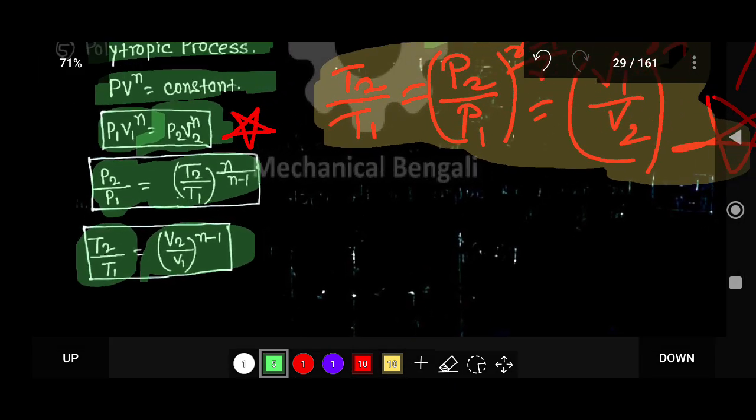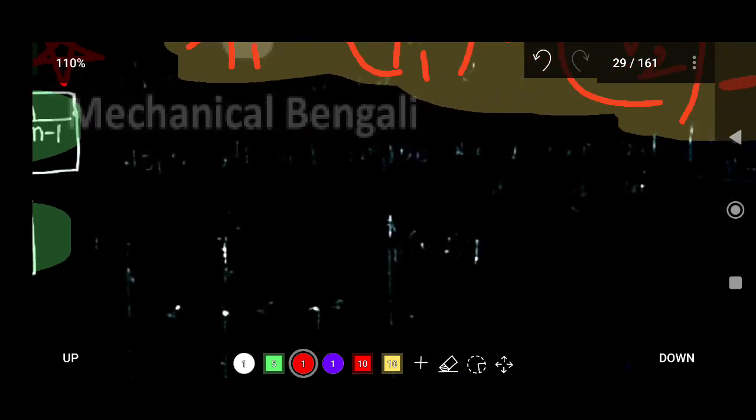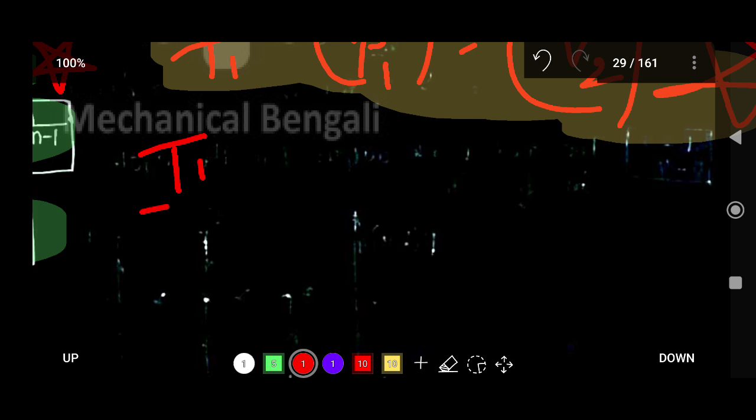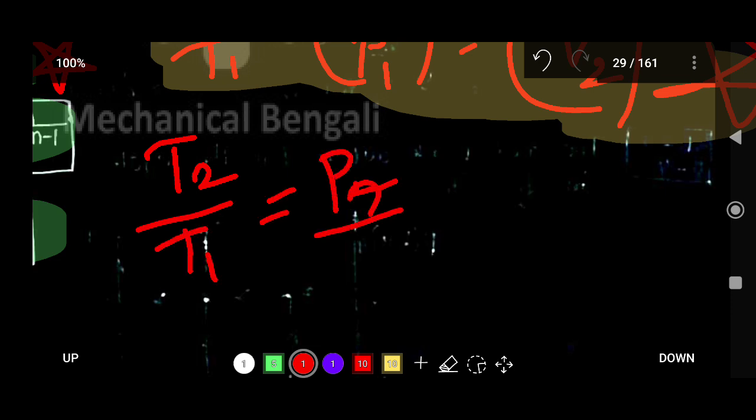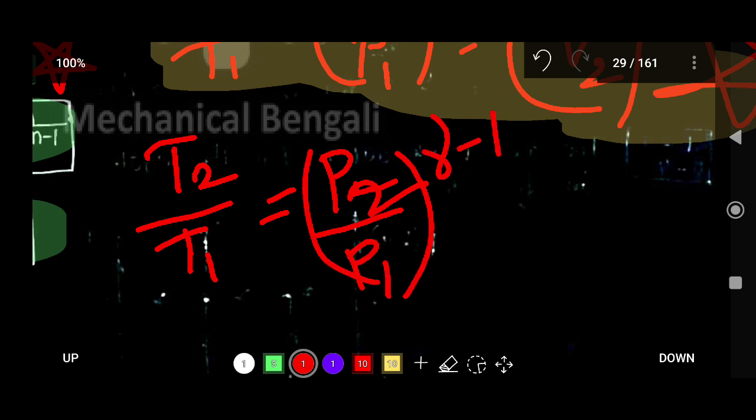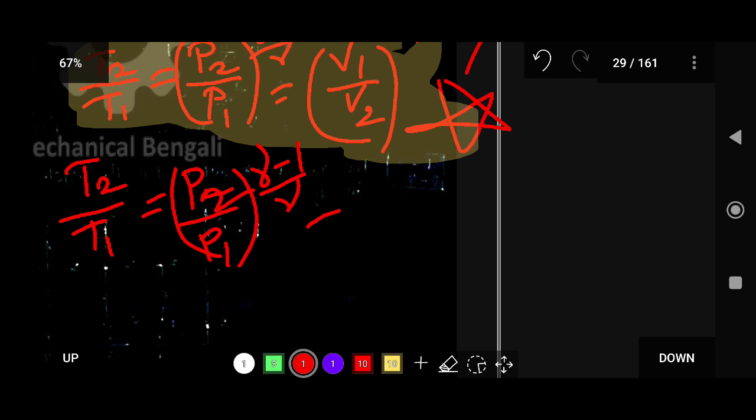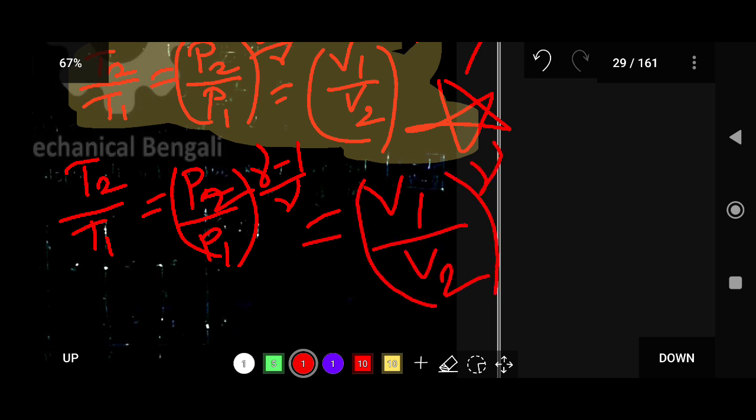So for the polytropic process the formula is: T2 by T1 equal to P2 by P1 to the power n minus 1 by n, equal to V1 by V2 to the power n minus 1.